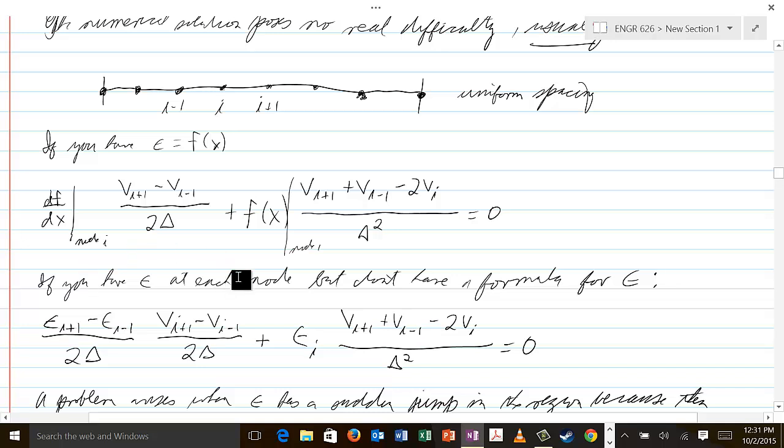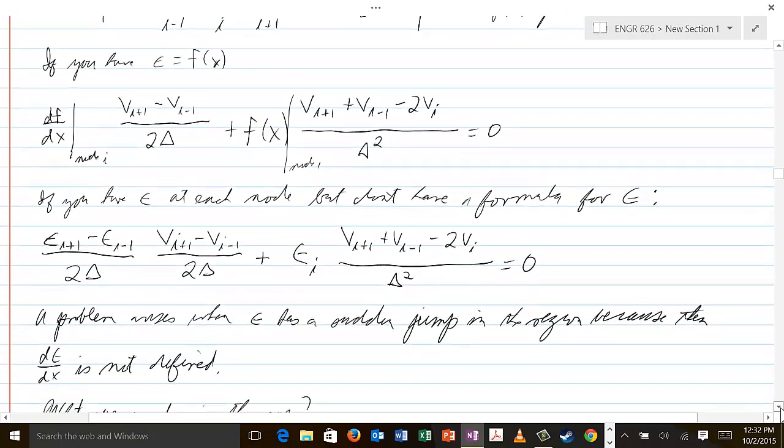For df/dx, we'd use the finite difference formula for the derivative: (ε(i+1) − ε(i−1))/(2Δ). And f(x) at node i would become ε(i), the value of ε at node i. Then the second derivative of v comes down just the same, and we get 0. So all of that is pretty straightforward.